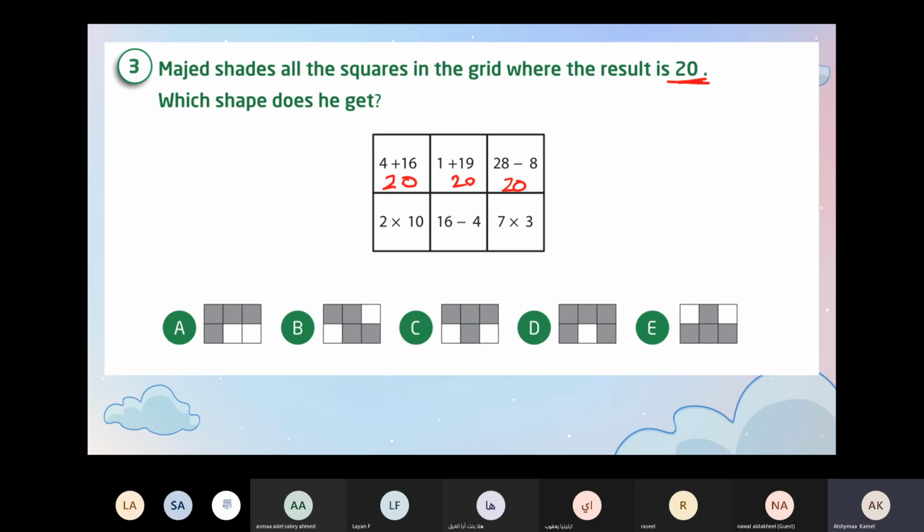Down here, 2 multiplied by 10. Elena? 2 times 10 is 20. Noel, 60 minus 4.